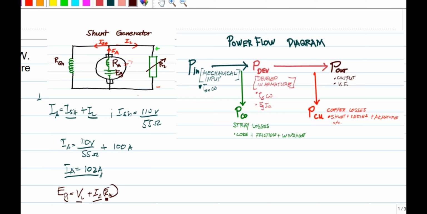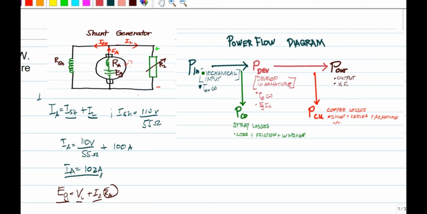To get the RA, we must have the EG. So in what way can we get the EG? Okay, let's try this power flow diagram.